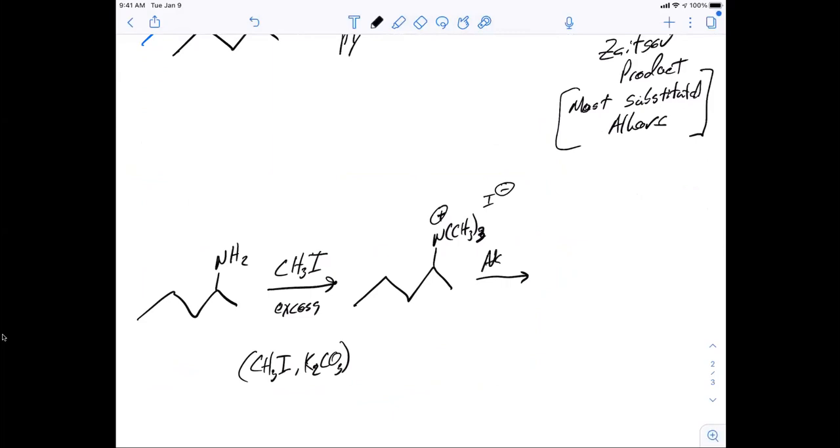Here we're going to use silver oxide, so Ag2O in water and heat. And here we're going to eliminate to give us the Hoffman product.